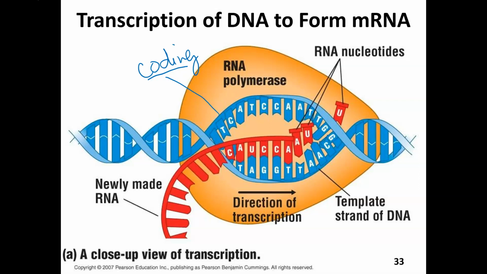And then if you look at the messenger RNA, as it comes in, anywhere that we have a T up here, we're going to put a U in down here. And this is just going to keep going all the way along. So what we'll produce is an identical copy of this region of the DNA in an RNA format, okay?